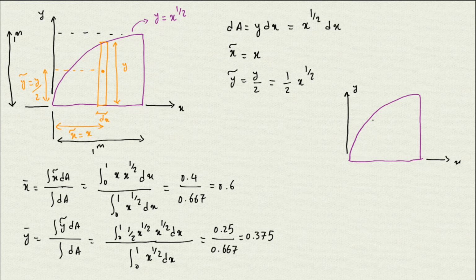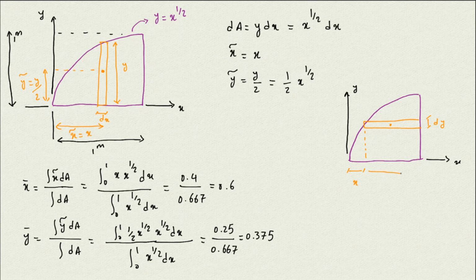So this time I choose the horizontal element, and this is going to be my element, with the centroid of the element. This time the thickness is going to be dy, and this distance is just x.